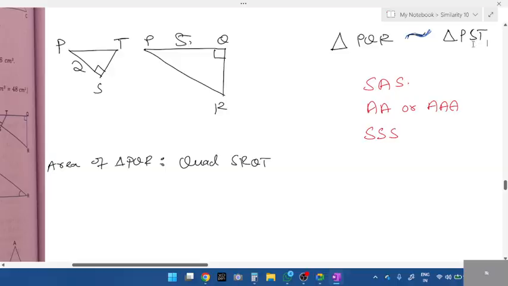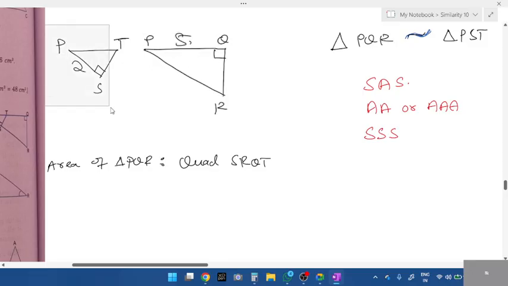Getting confused with alphabets. What is that, PCT or PST? Which triangle is first, PQR or PST? PQR, right? For proving, triangle PQR is given first, right?